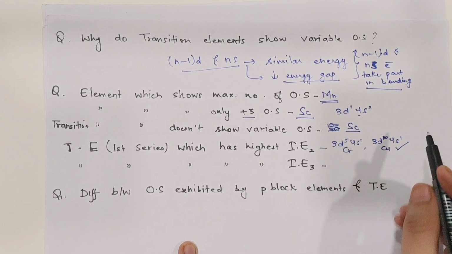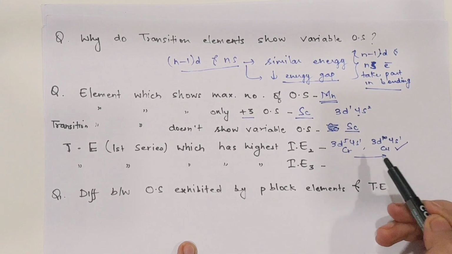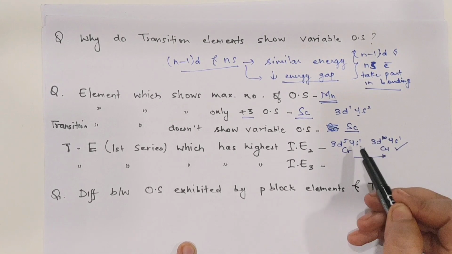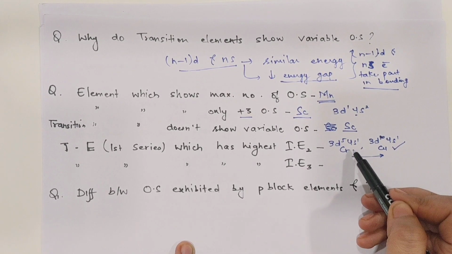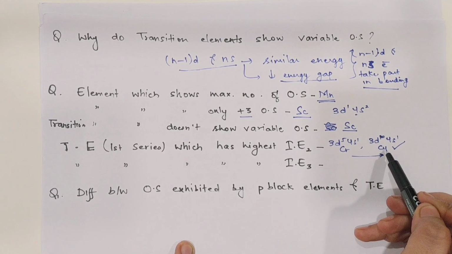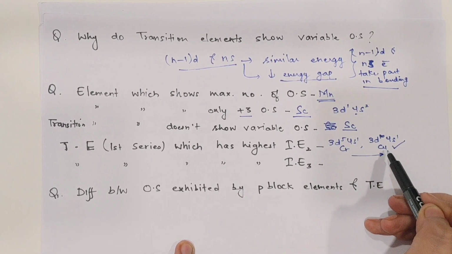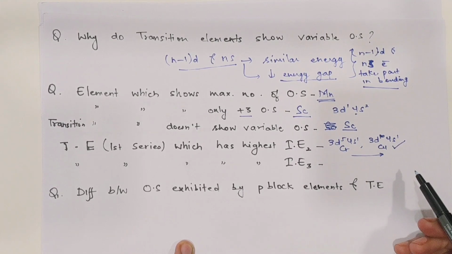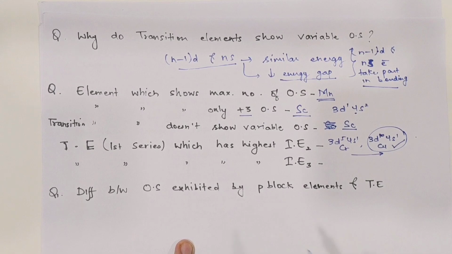Why not chromium? Because as we go along the period, the ionization energy increases. So even between the two, they both will have comparatively high second ionization energy, but copper's second ionization energy would be higher than chromium's because along the period, ionization energy increases. So this is your answer.